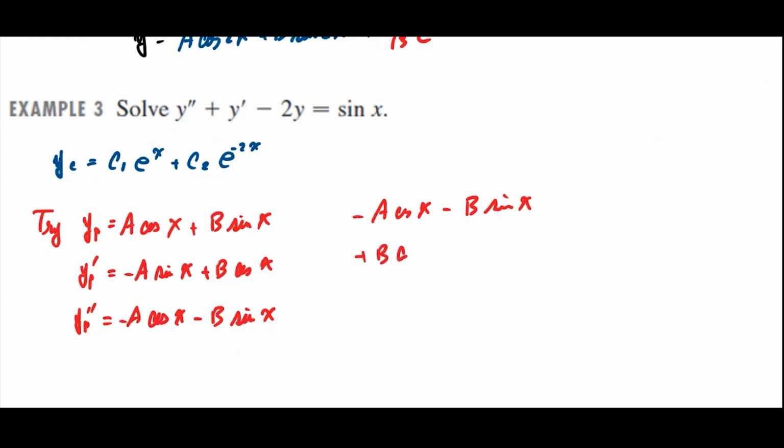Plus b cosine of x minus a sine of x, line up the like terms. You know what I'm saying? And then negative 2 times this first term, so I'm going to distribute negative 2, so negative 2a cosine of x minus 2b sine of x should be sine of x. Are we good?